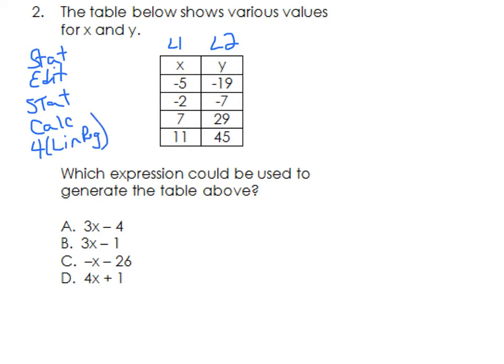So that would be the way I would do it if I had a calculator. If you're sitting at home and don't have a calculator, we can do it by hand just as well. So that's what I'm going to go ahead and do with you right now.